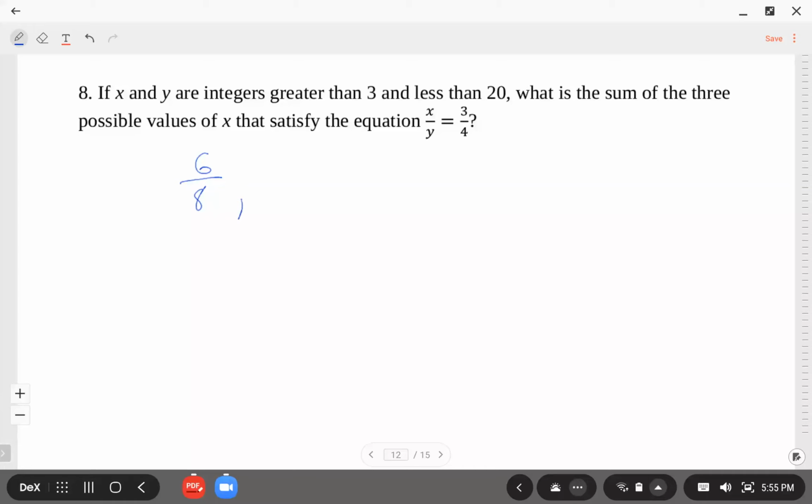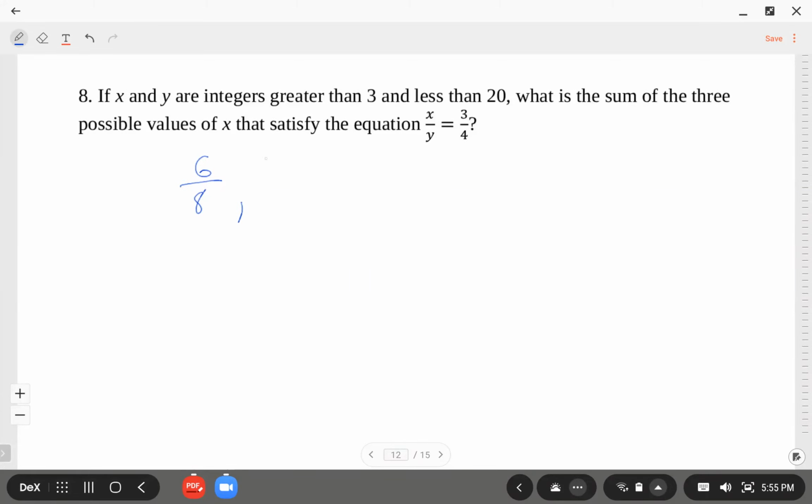Now because it's 3/4, we can just add 3/4 to 6/8 to get another one. It's going to be 9/12, and then 12/16.